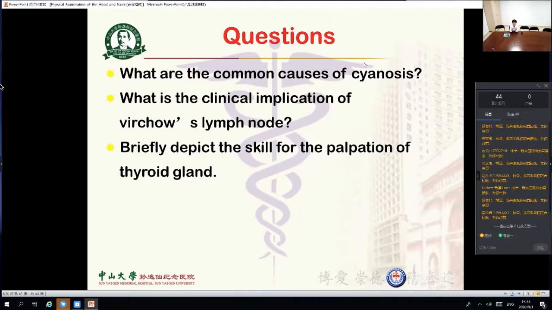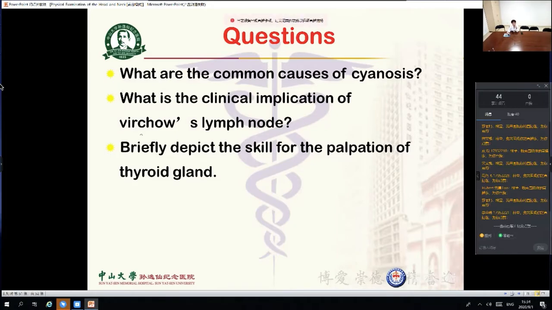And as I told you, the patient will have cyanosis in the nose, the mouth, the surrounding skin area of the mouth, and the nail beds. This is the answer to question 1.